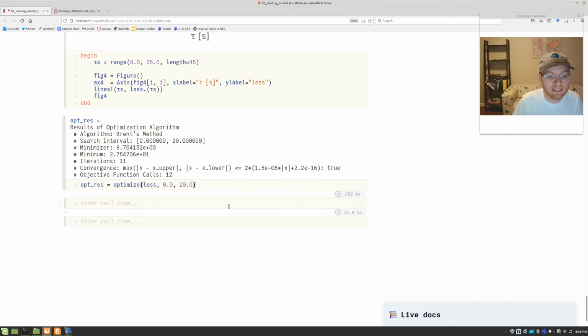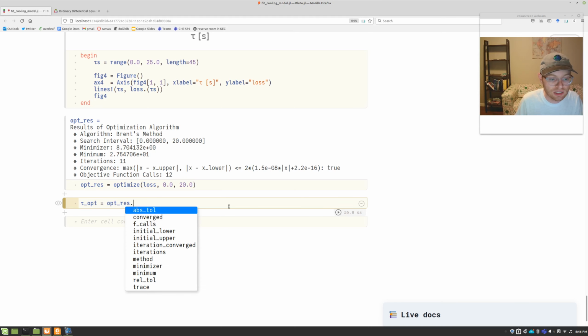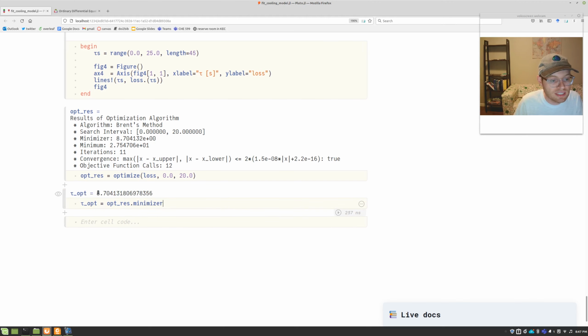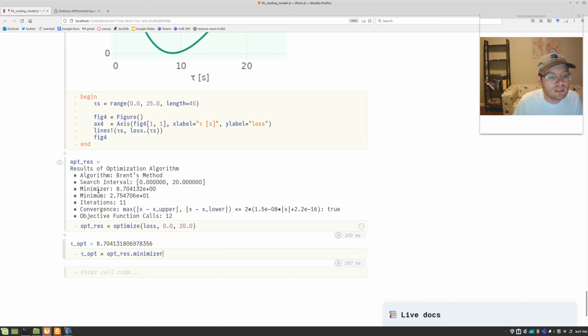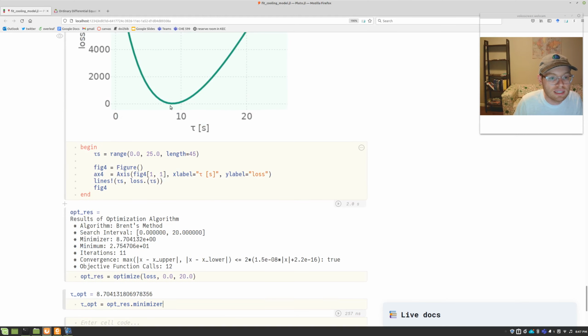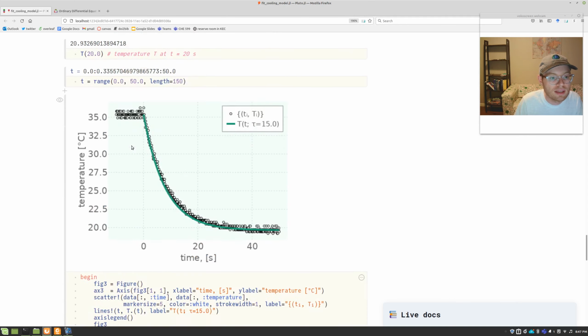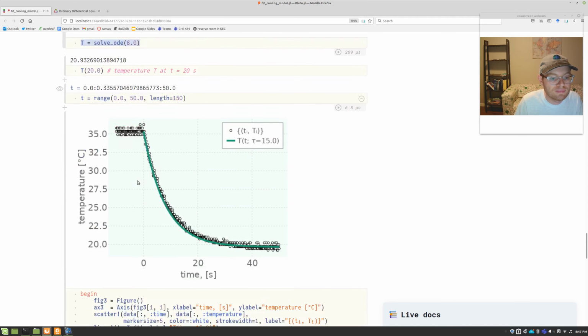So what I'll say is tau opt equals opt.optRes. If you hit tab, you can see the options, and I think minimizer is what we want. Minimizer, yep. So that's the optimal tau. Now that we've found the optimal tau, what we can do is resolve the ODE with that optimal tau and plot it.